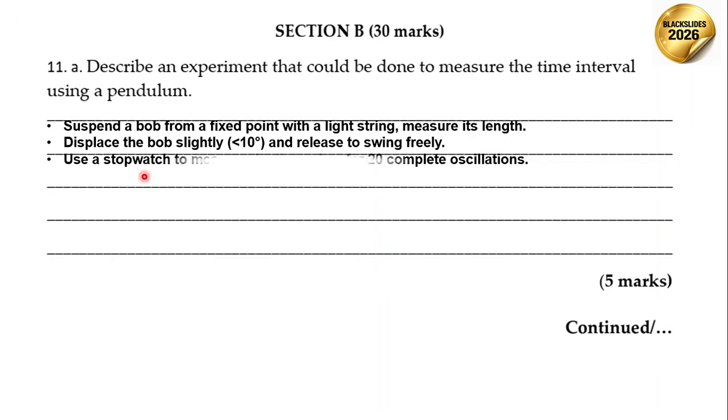Then use the stopwatch to measure the time taken for 20 complete oscillations. Divide the total time by 20 to get the time for one full swing. So that's how you do it.